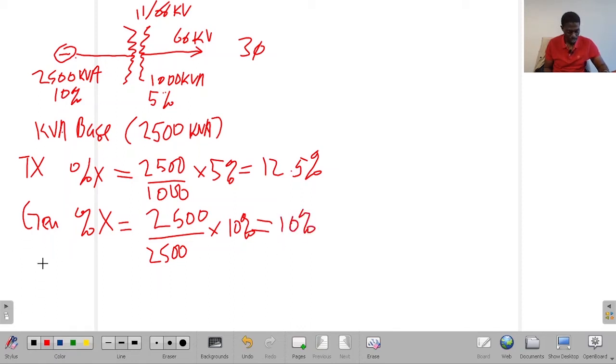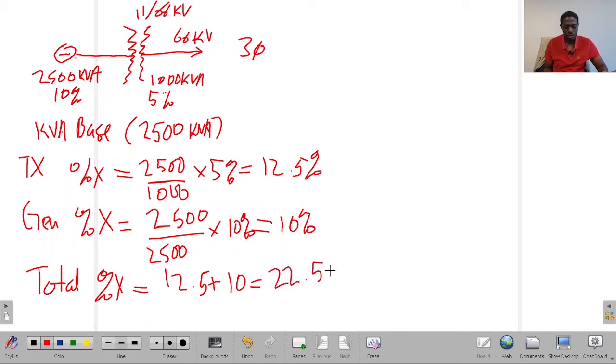And therefore, our total reactance is going to be equal to 12.5 plus 10, which will give us 22.5%.